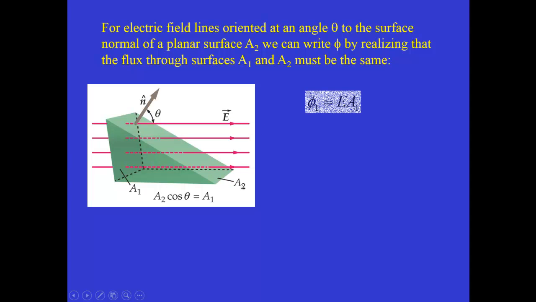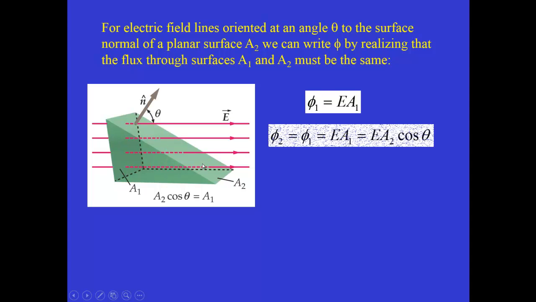And that means that we can write down the flux through surface 1, which is just E times A1, and set that equal to the flux through 2. So the flux through 2 must therefore, if it's going to be the same as E times A1, which is that surface area on the left, be equal to E times A2 times the cosine of theta.